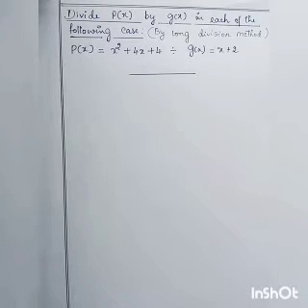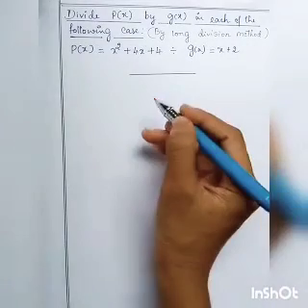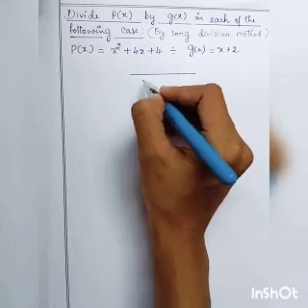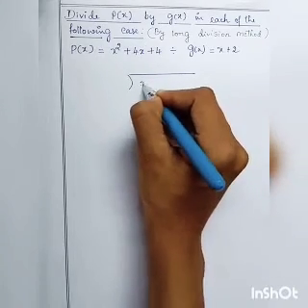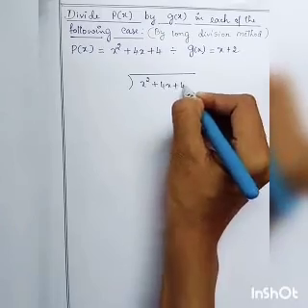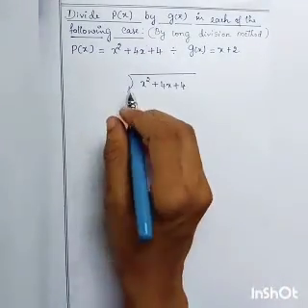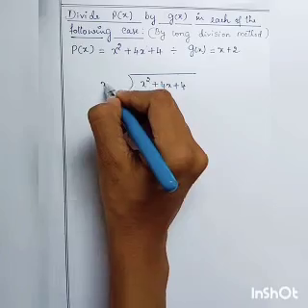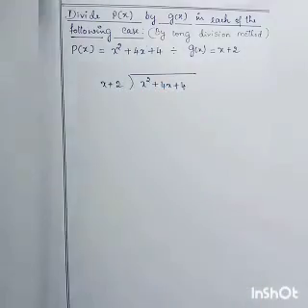If p of x and g of x are both in the general form, then we can divide using the long division method. The dividend, x square plus 4x plus 4, you write inside, and divide by the divisor, x plus 2.